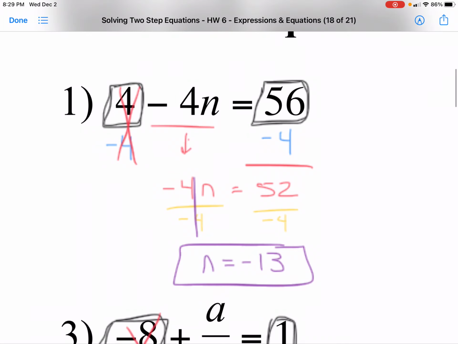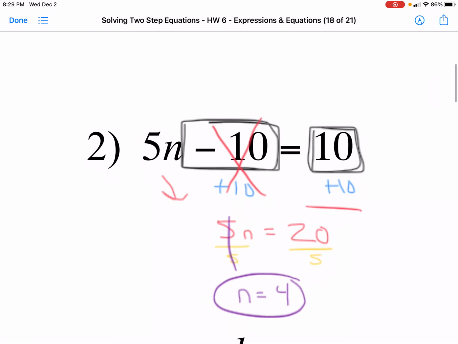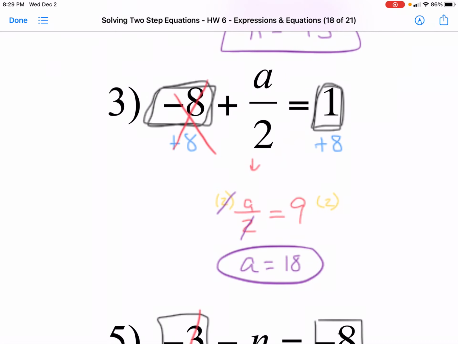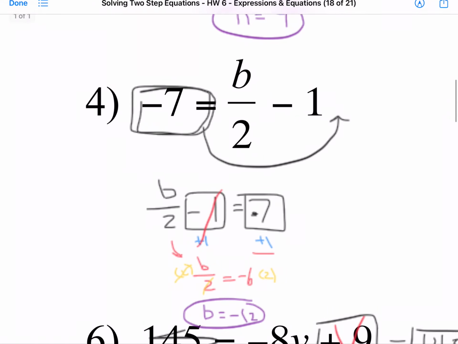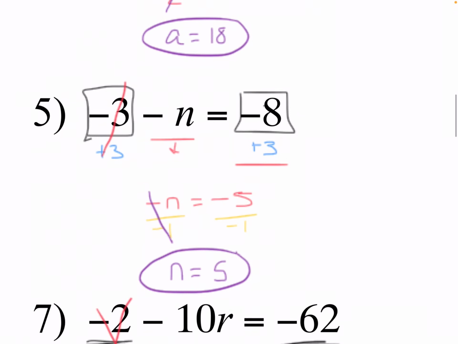All right, number 1, n equals negative 13. Number 2, n equals 4. Number 3, a equals 18. Number 4, b equals negative 12. Number 5, n equals 5.